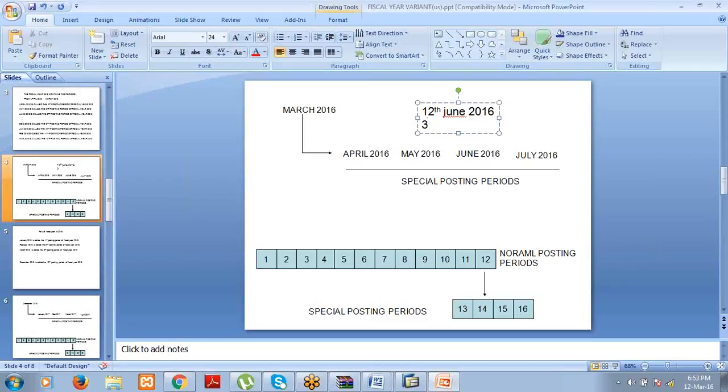Why? April 2016 is called the first posting period, May 2016 is called the second posting period, and June 2016 is called the third posting period, right? Suppose the user enters the period number 15, the system understands that the business transaction is related to the previous year as an adjustment. Clear, Giri?